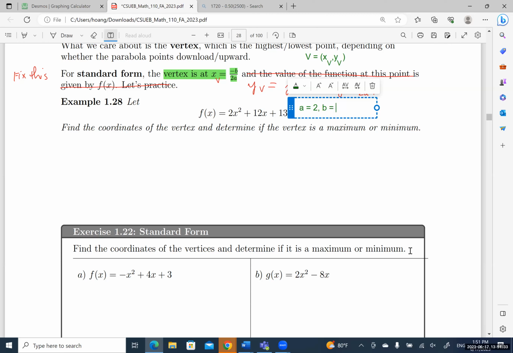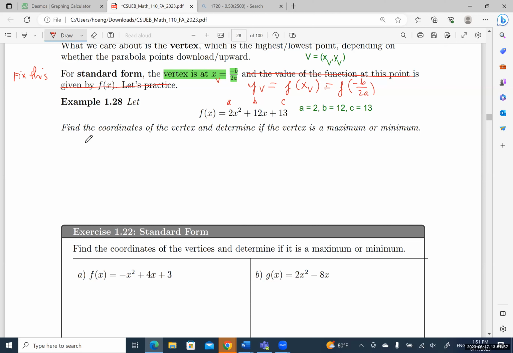B equals 12, right? C equals 13, right? Because as you see right here, it is ax squared plus bx plus c, right? So right now I have a equal to 2, b equal to 12, c equal to 13, okay?